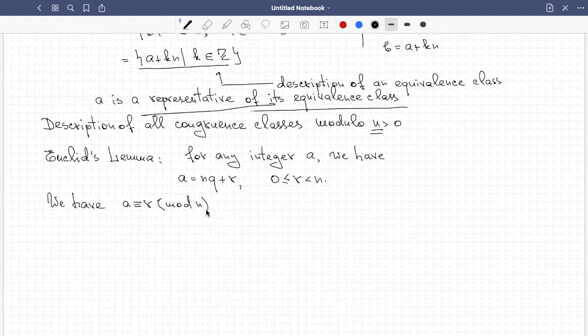That is simply because a minus r is equal to nq, so n divides a minus r, where q is an integer. We write it as a congruent to r modulo n.